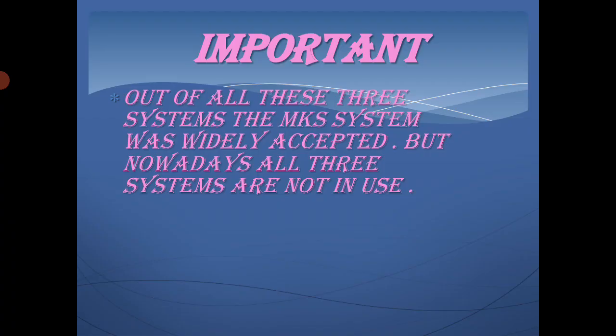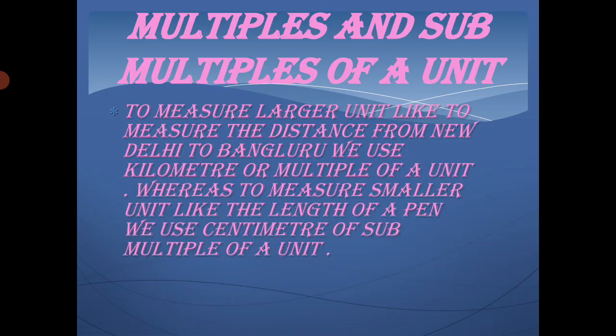Children, out of these three systems, the MKS system was widely accepted. But nowadays, all three systems are no longer in use. And sometimes the SI unit used to express a physical quantity is not convenient, so it is either too big or too small.